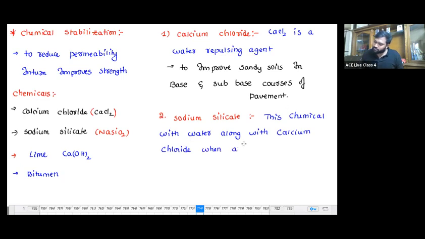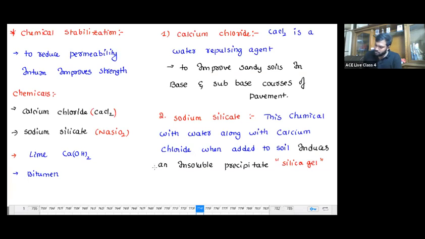When you mix the sodium silicate plus water plus calcium chloride into the soil mass, this mixture gives an insoluble precipitate known as silica gel, which is induced into the voids.